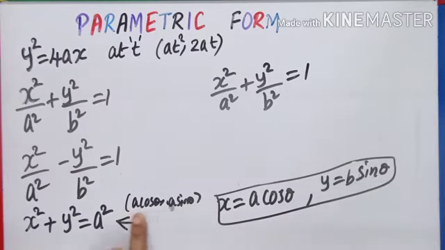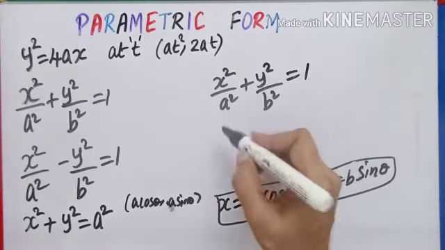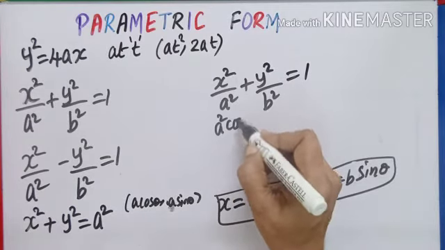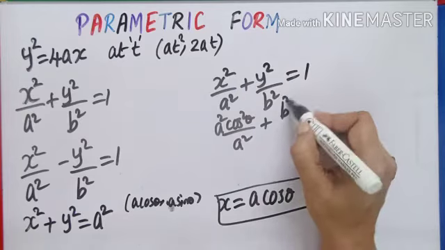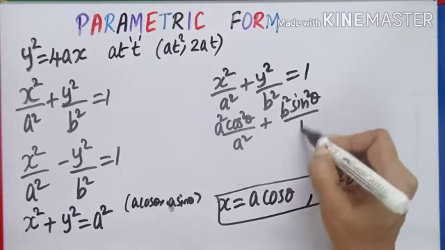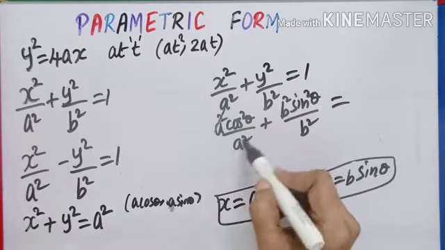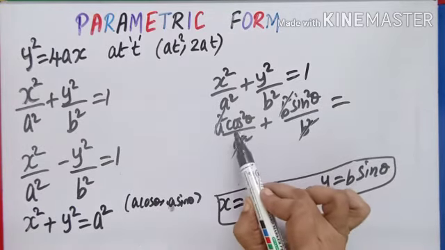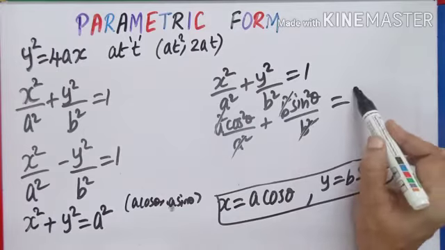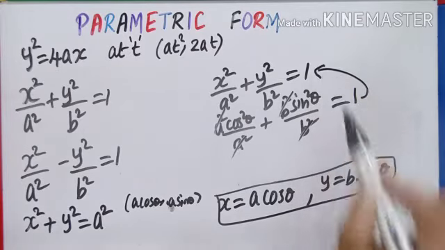So we get, in the place of x, put a cos theta. a square cos square theta by a square plus y is b sin theta, b square sin square theta by b square, which is a square cancel, b square cancel, giving rise to cos square theta plus sin square theta, which is 1, and that is the RHS.